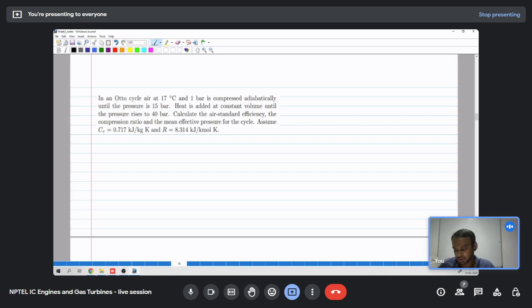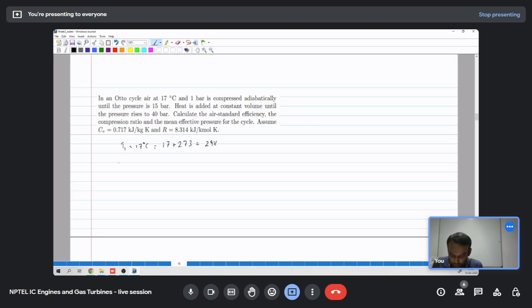In an Otto cycle, air at 17 degrees Celsius and 1 bar is compressed adiabatically until the pressure is 15 bar. So that means T1 is 17 degrees Celsius, which is 17 plus 273, that is 290 Kelvin.